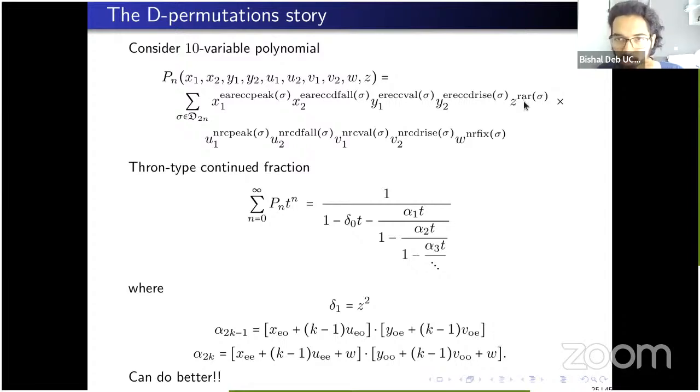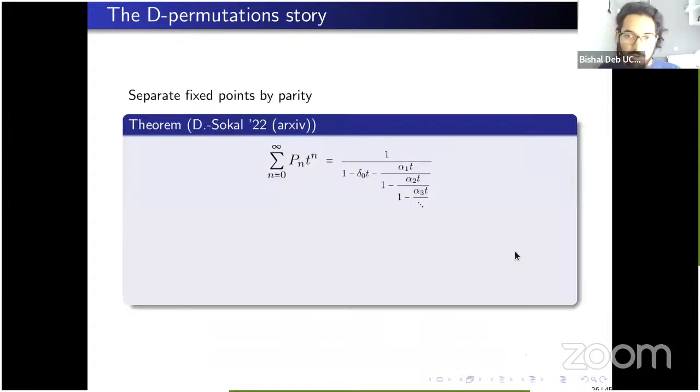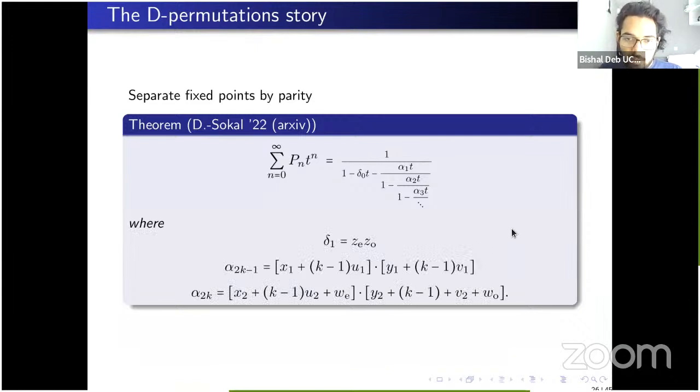So you have ZE for record, anti-record, even fixed points, and ZO for record, anti-record, odd fixed points, and WE and WO. If you do that, this Z squared becomes a ZE times ZO. So you know how the contribution of even and odd fixed points are coming. And similarly here, these W's, one of them comes from even fixed points, the other comes from odd fixed points. So that is our result.